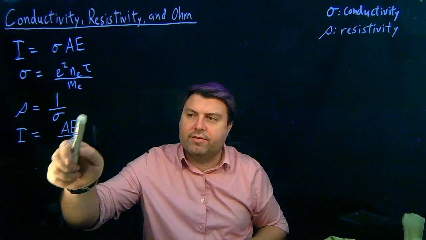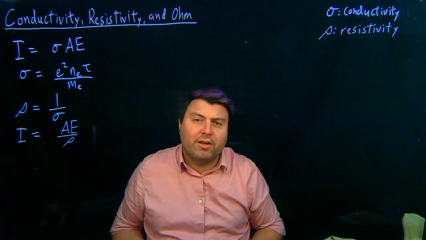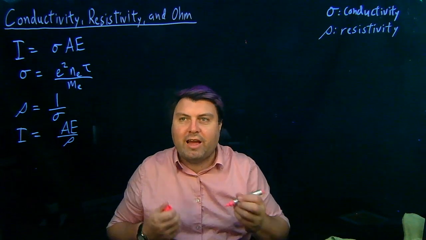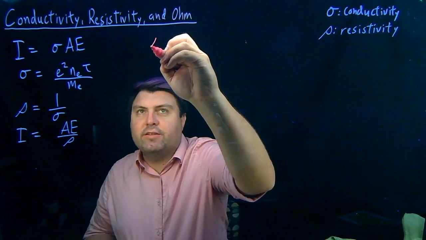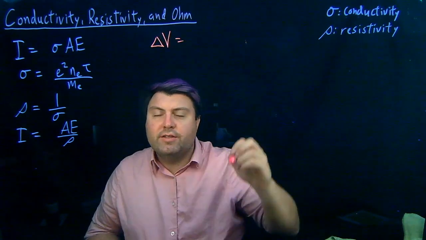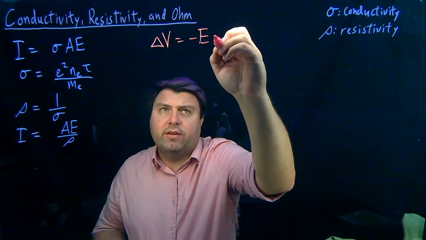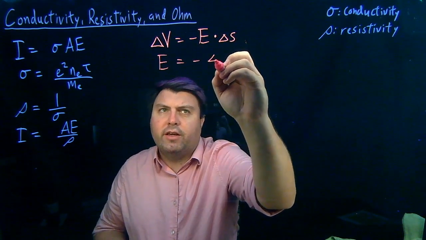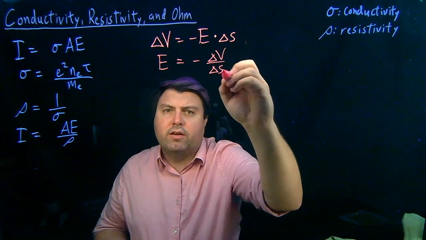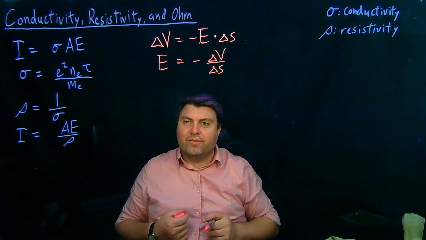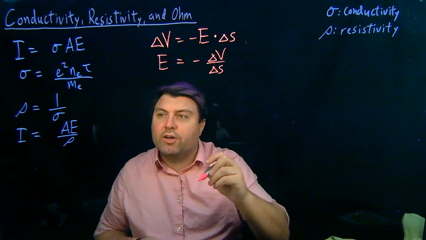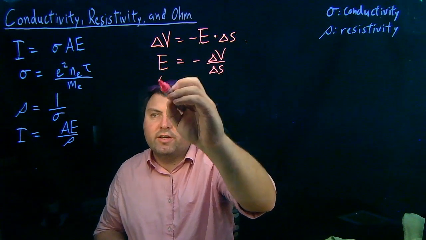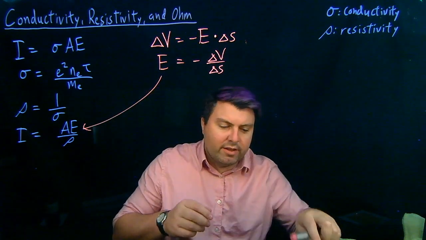Another good step is our electric field is something we feel hopefully pretty confident about, but there's something similar to electric field that we feel as confident or more confident about, and that's delta V. Delta V is negative E dot delta S, or we can say that our E is the negative of delta V over delta S. We can do a full derivative if we want, but we don't really need to. So every time we see our electric field, we can change it to our delta V over delta S, two measurements that are a lot easier to make than the electric field itself.